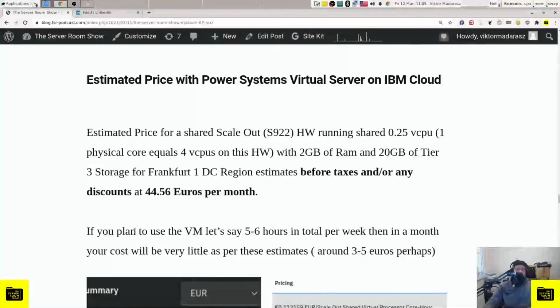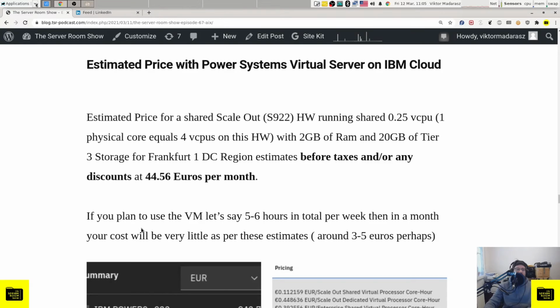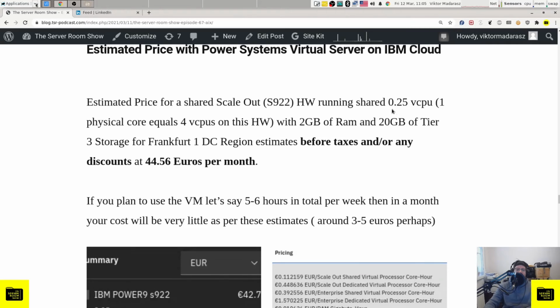Estimated price with IBM's Power Systems Virtual Server on IBM Cloud. The estimated price for a shared scaled out hardware, the cheapest solution running shared 0.25 virtual CPU. I have to say one physical core equals 4 virtual CPUs on this configuration, with 2 gigabytes of RAM and 20 gigabytes of Tier 3 storage in the Frankfurt data center region.